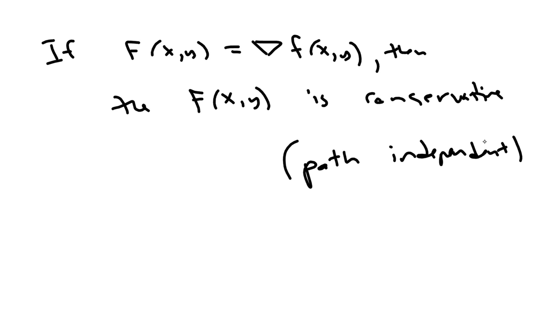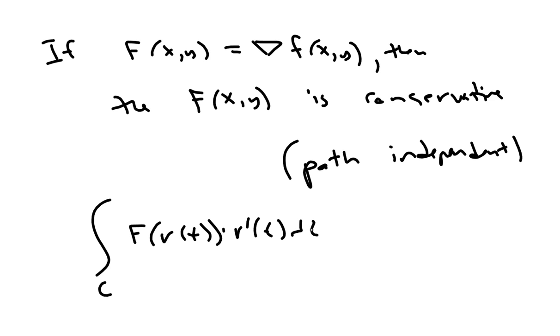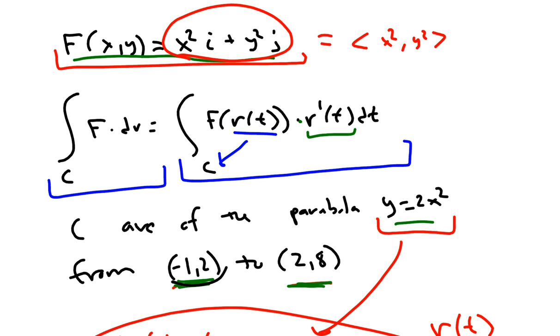So in our case, we did the line integral of F of r of t dot r prime of t dt, and we had used a parabola that went from the point, in case we forgot, here it is, -1, 2 to 2, 8.